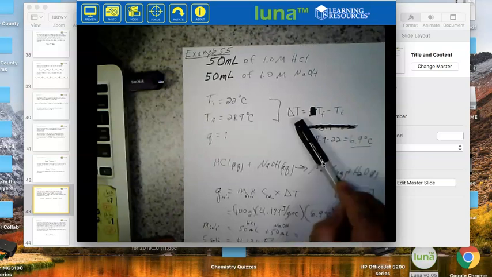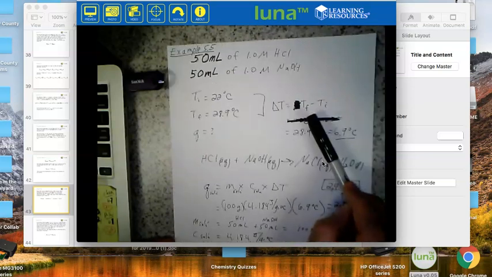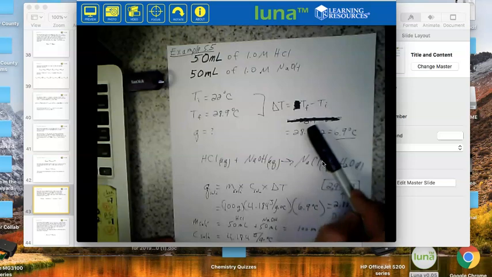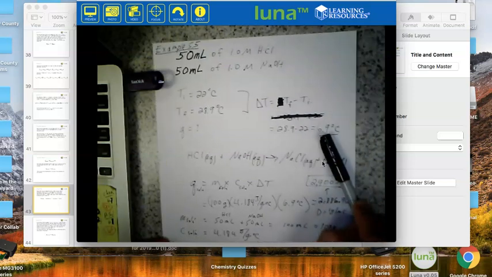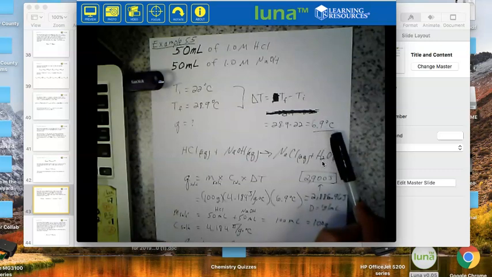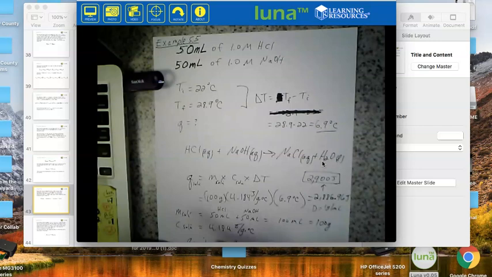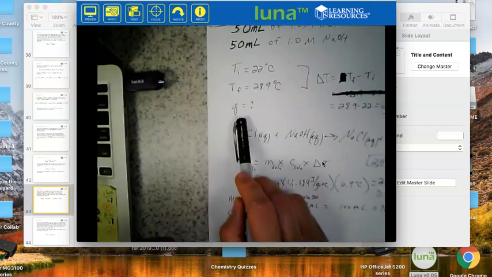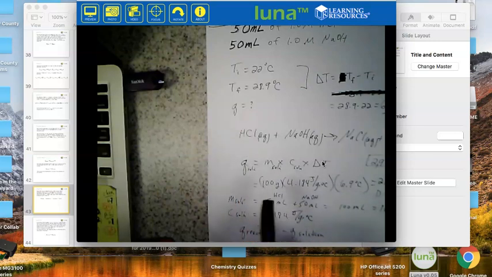We can quickly calculate the change in temperature, which is the final temperature minus the initial temperature. When we do that calculation, we get 6.9 for delta T in Celsius. So the question is, what is the heat that's given off by this reaction?